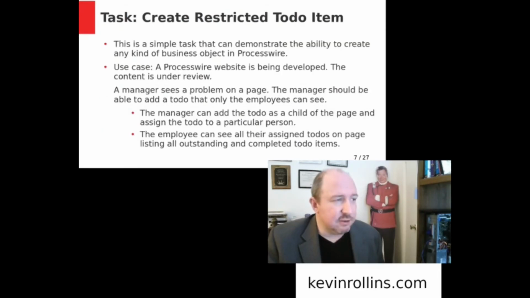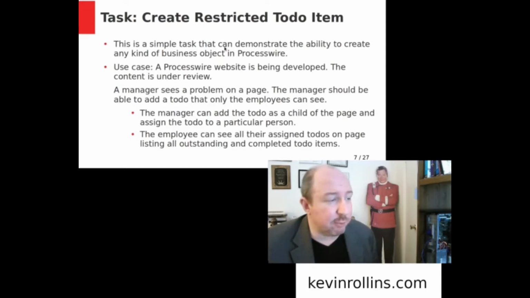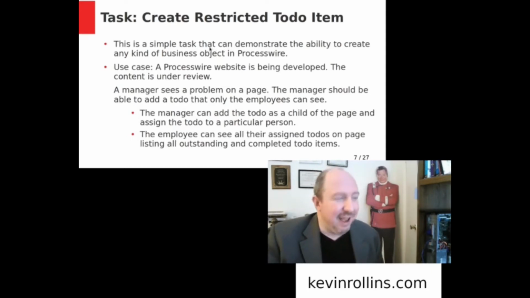So our task today is to create a restricted to-do item. It's a simple task, and it's a standard tutorial kind of thing to do: build a to-do list. To motivate this, I've created a use case. We have to imagine for a second that a ProcessWire website is being developed. How exciting. And the content of this site is under review.